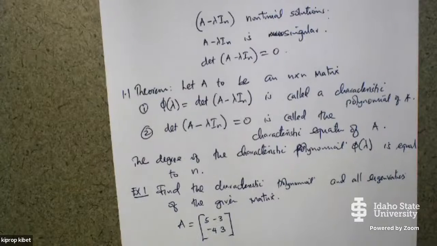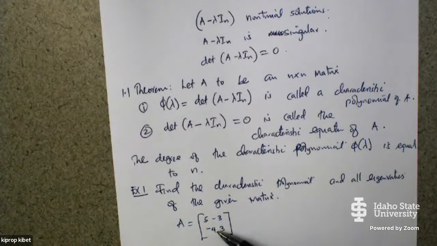What you need to do first is get the characteristic polynomial. Then we bring it together to get the characteristic equation. From there, we are able to solve the quadratic equation if it is a 2 by 2 matrix, or a 3 by 3, or other.